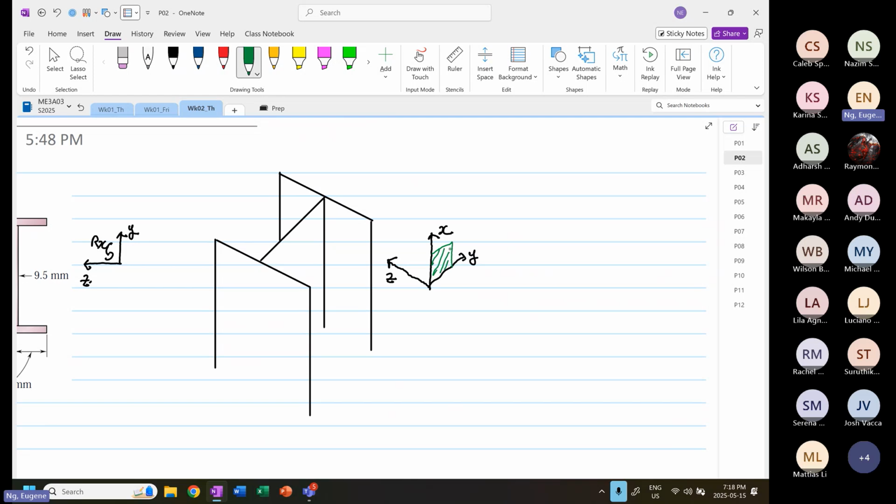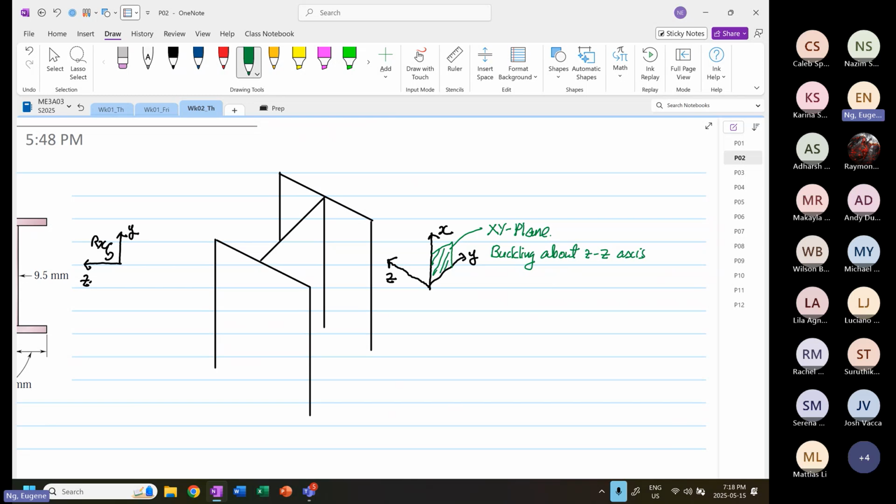So this plane is known as our XY plane, or we call it buckling about our ZZ axis. You can call it either way, it's fine.